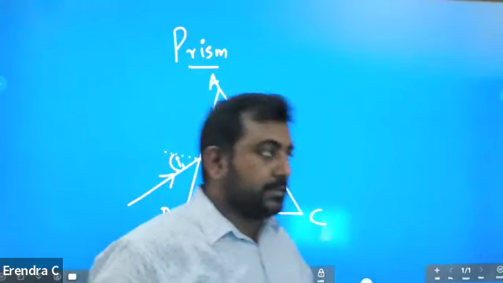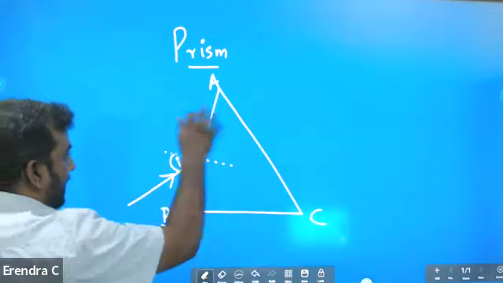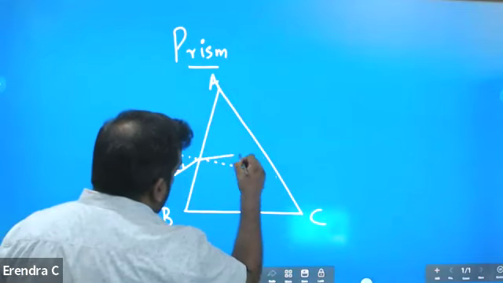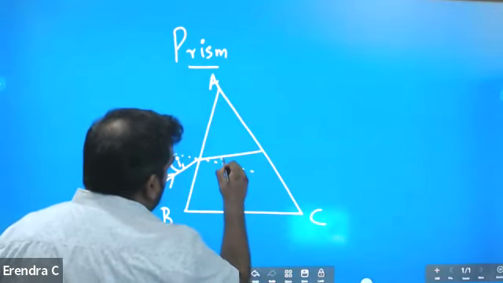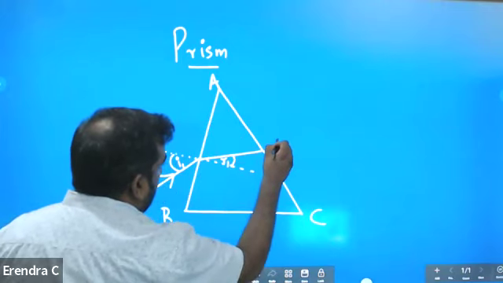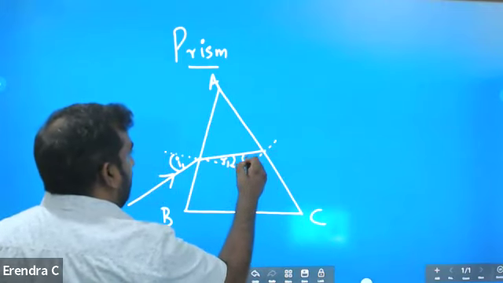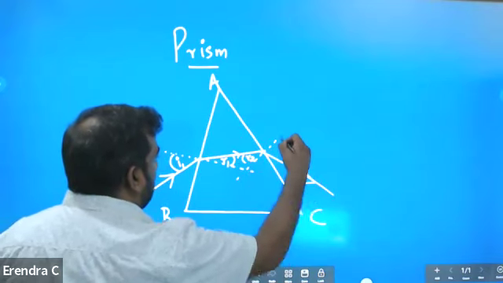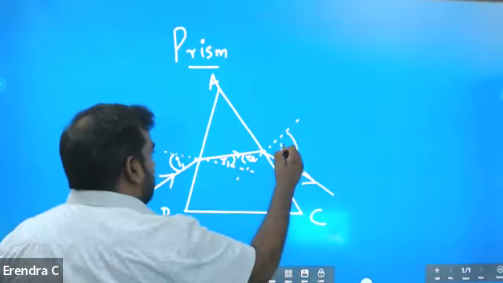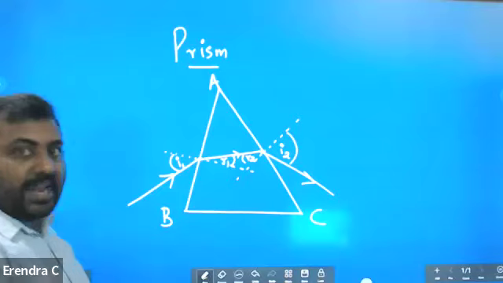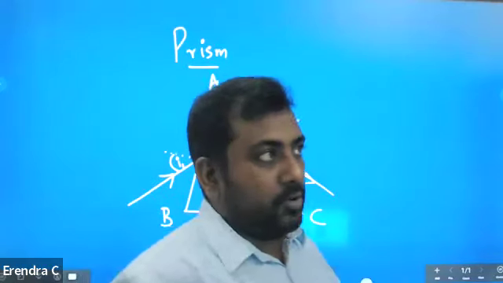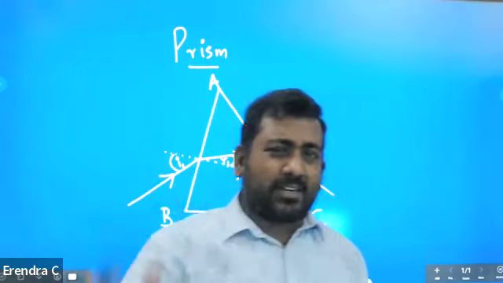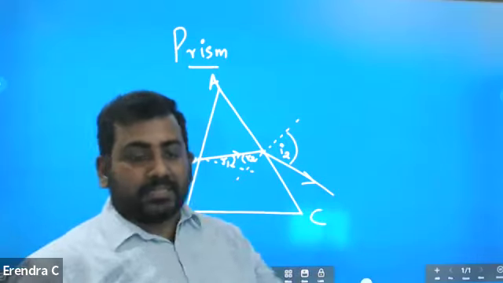Going from rarer to denser, it will come towards the normal. This angle is R1. The normal here, let's say, gives R2. Going from denser to rarer, it will refract away, and this angle we will take as I2. These are the standard notations, though you can use any notation you want.